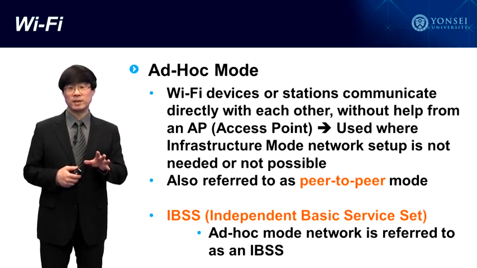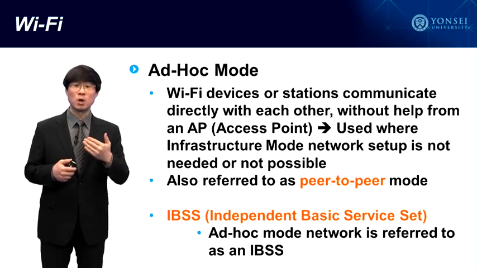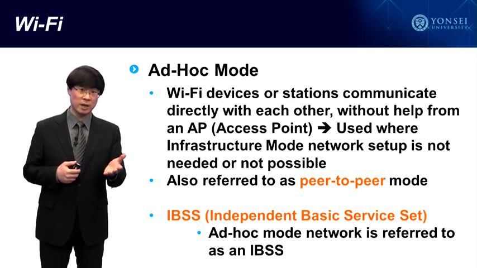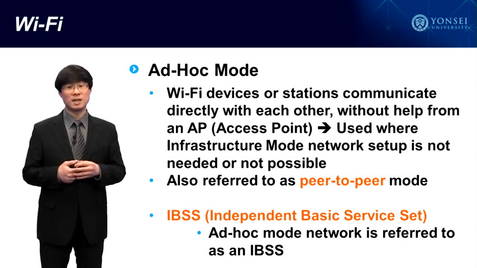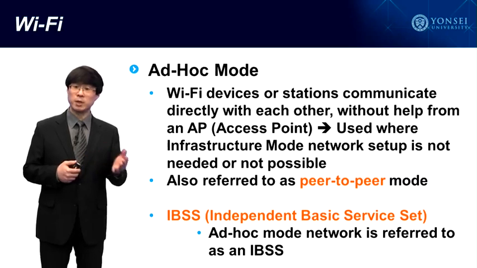Another type of network that can be formed using Wi-Fi is ad hoc mode. Now, Wi-Fi devices or stations can communicate directly with each other without using an access point. This could be because an access point is not available, or maybe it's not needed. We also refer to ad hoc mode as peer-to-peer Wi-Fi mode.